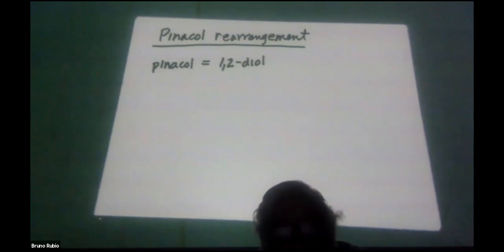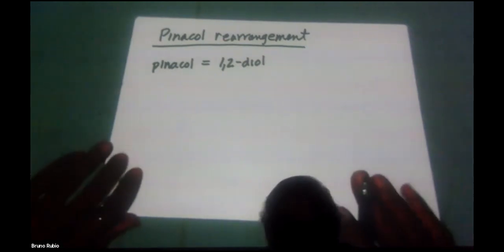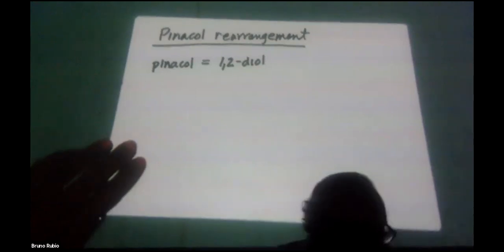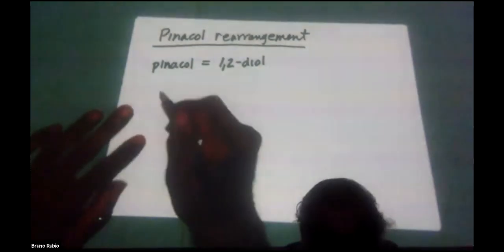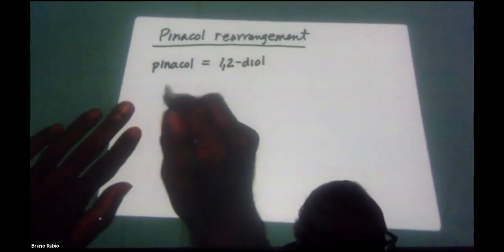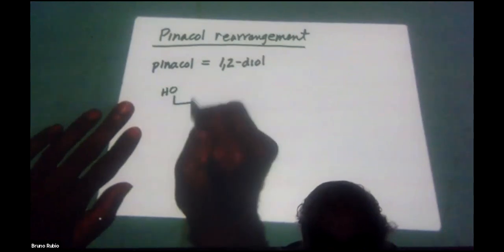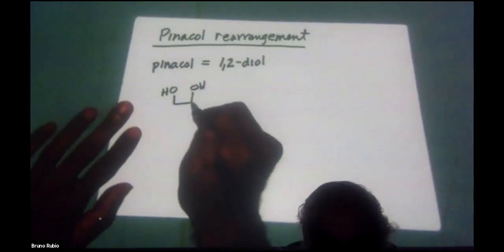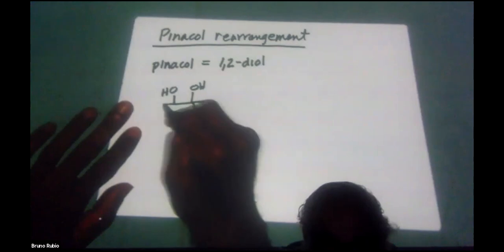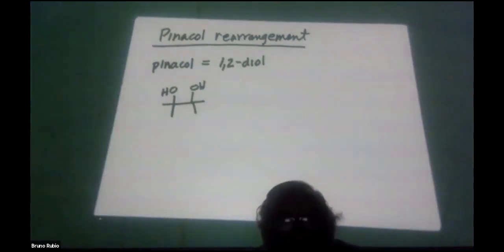So a pinacol is a 1,2 diol, or it's also called a vicinal diol. All right, and so let's see, something like this. Okay, that's a pinacol. It's a 1,2 diol.